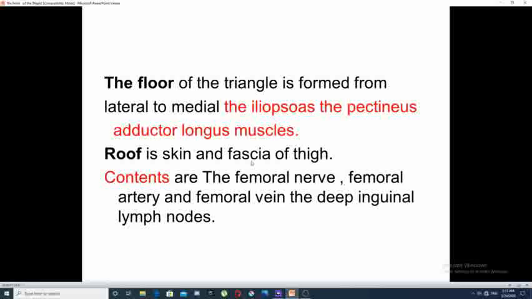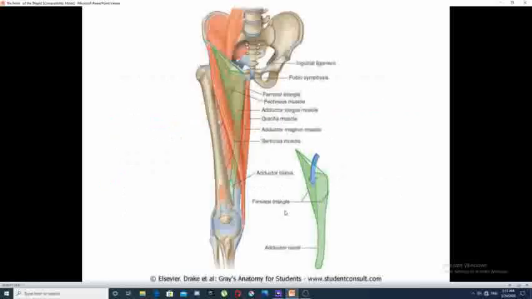Its contents are femoral nerve, femoral artery, femoral vein, and the deep inguinal lymph nodes. And this figure shows the femoral triangle. Superiorly inguinal ligament, laterally sartorius muscle, medially adductor longus muscle.